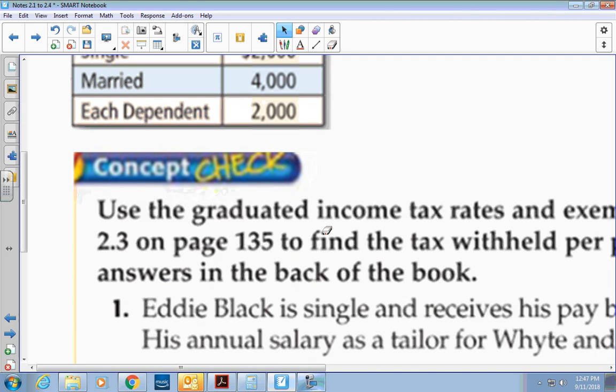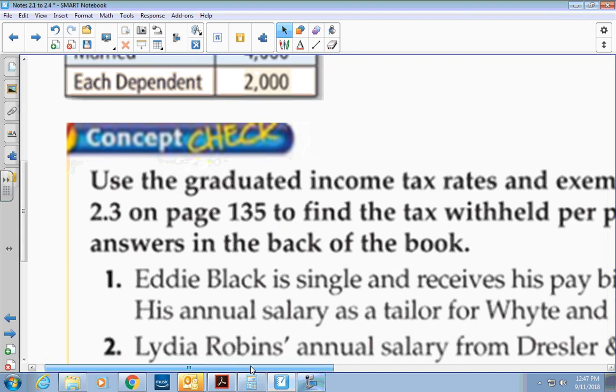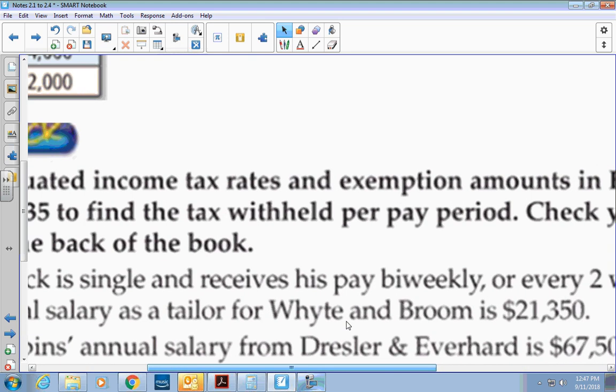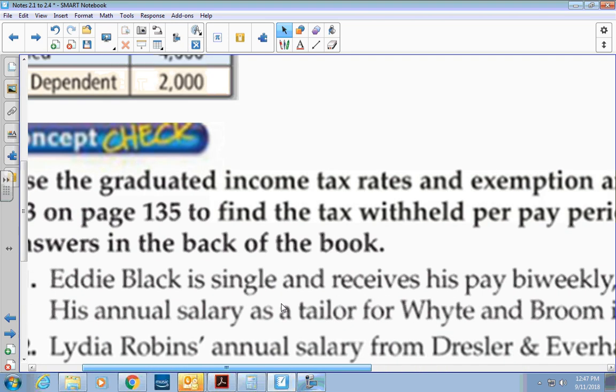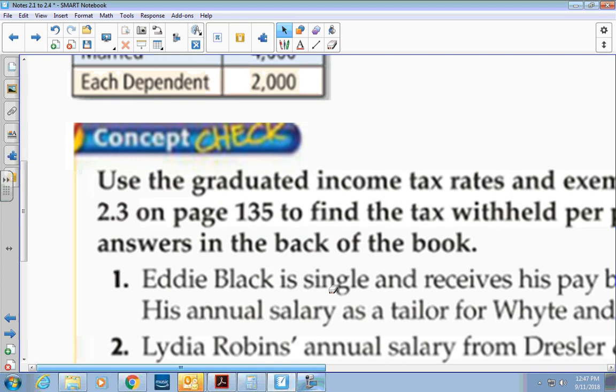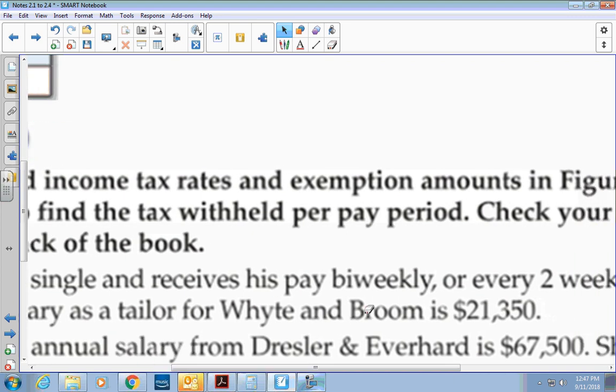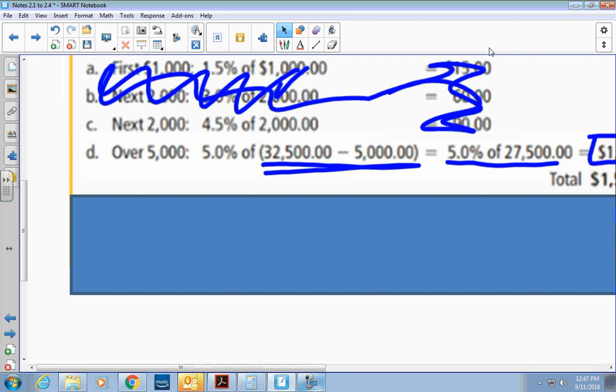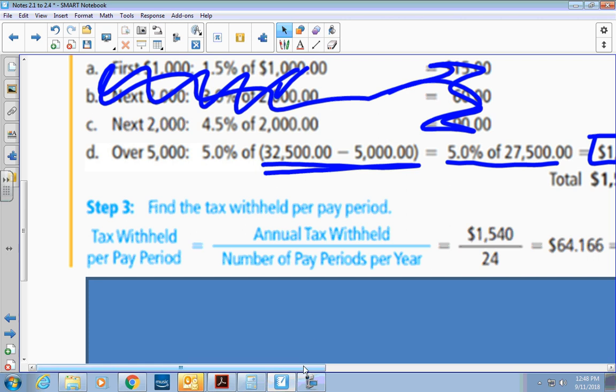Okay, so we are going to subtract out the exemptions the first time around. I'm just going to do number 1 with you guys. You can do number 2 at your leisure. So Eddie Black is single and receives his bi-weekly paycheck. Oh, wait. I, of course, forgot the very last step on this one. We forgot to divide by 24.